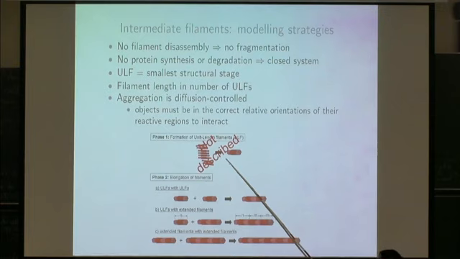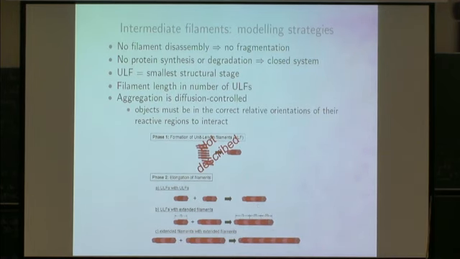So what I'm going to play with is only ULF and how the ULF are going to aggregate to have a filament of length 2, my French is coming back, or elongate the filament.